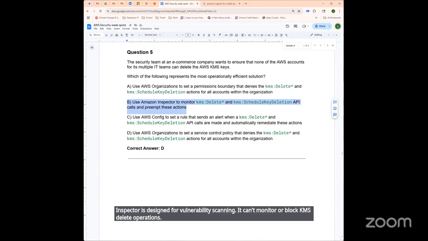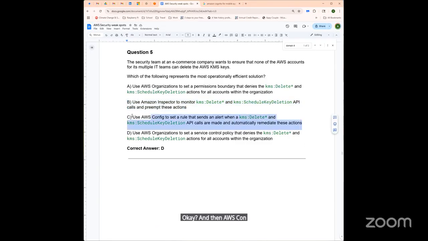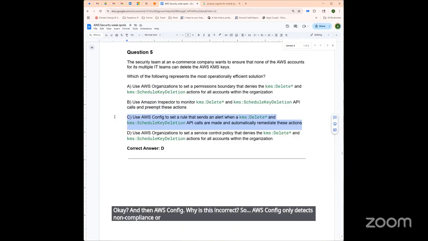And then AWS Config. Why is this incorrect? AWS Config only detects non-compliance or configuration changes. It can't prevent key deletion. While you can set alerts or even auto-remediate, like cancel scheduled deletion, the initial deletion action would still occur.